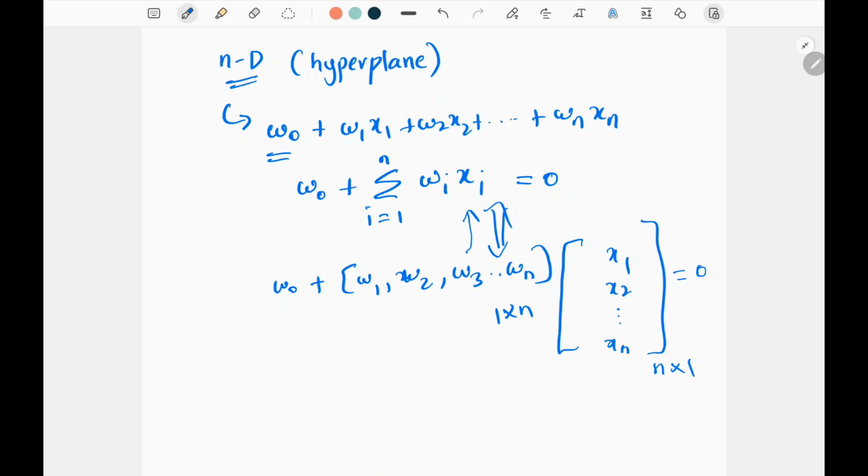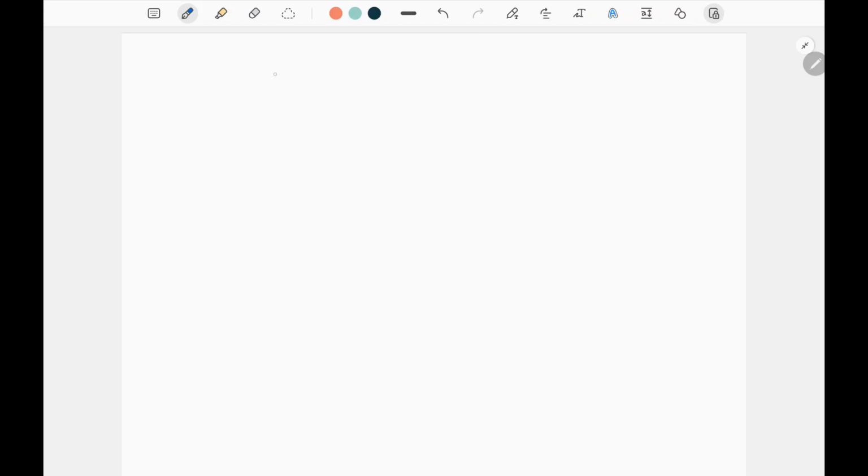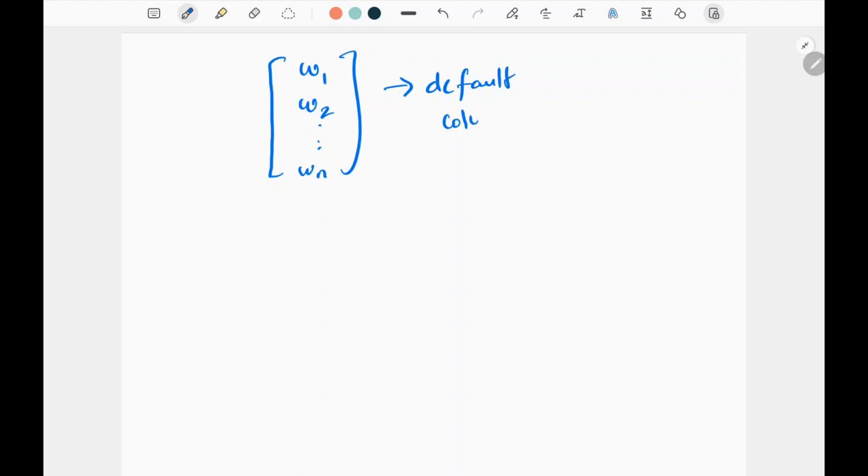We have said in our previous videos that the default representation of a vector is a column vector. This is how typically the w vector will be mentioned at the start. So our w vector will look like this. This is the default; we have said column vector is the default.